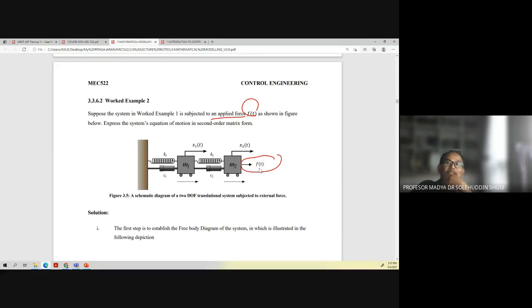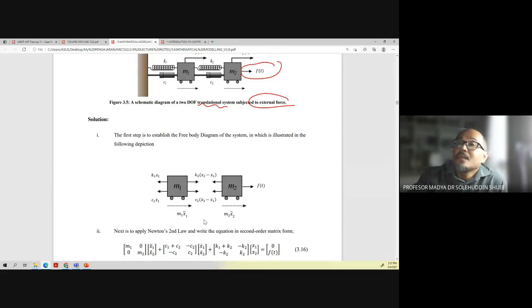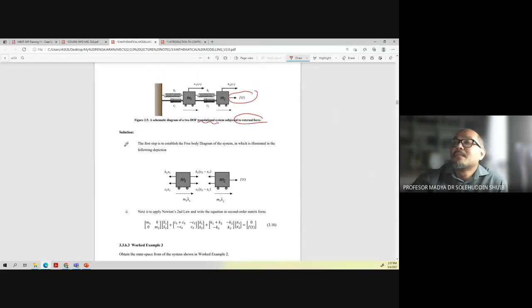So we want to express the equation of motion in second order matrix form. That's why they said this 2 degree of freedom translational system subjected to external force. All right, so again, first step we establish a free body diagram.